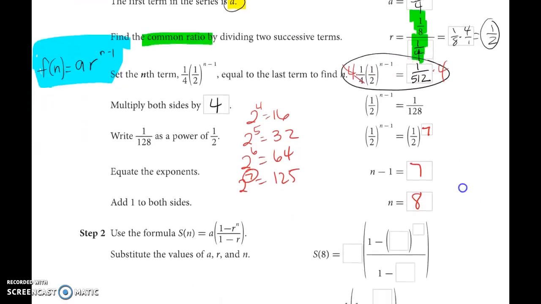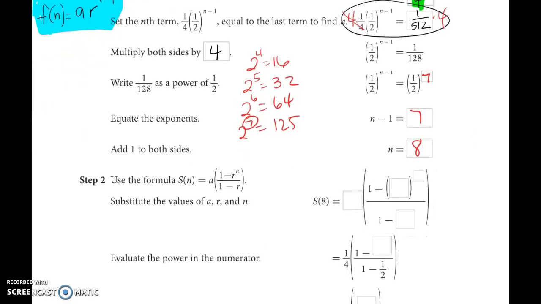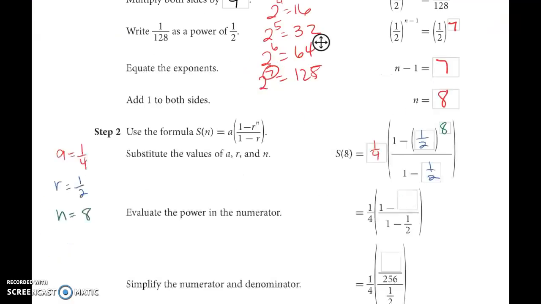Now that we have this key information, which is a equals 1/4, r equals 1/2, and n equals 8, we can plug it into our formula here. So let's go ahead and do that: a is 1/4, r is 1/2, and n is 8.